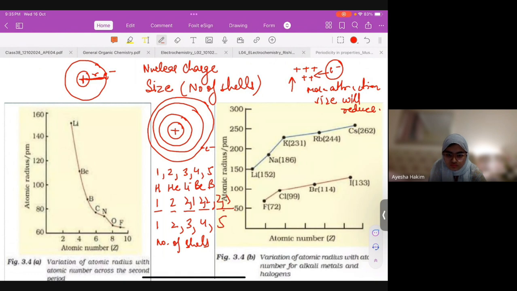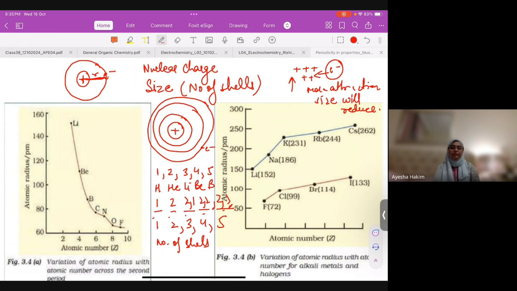Since the nuclear charge is increasing and the number of shells remains the same, the attraction on the outermost electron will be more for this one as compared to the previous ones. So attraction is more because nuclear charge is increasing from left to right, and your atomic radii will reduce from left to right.